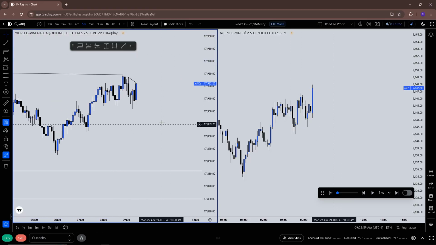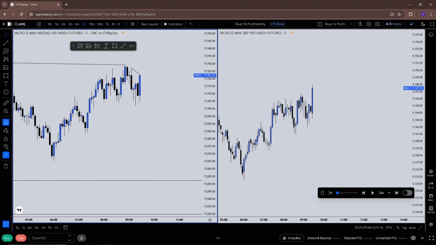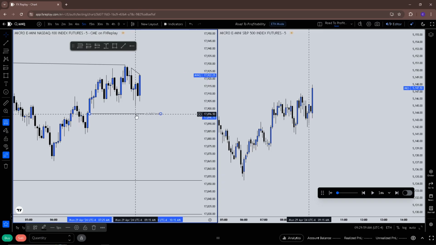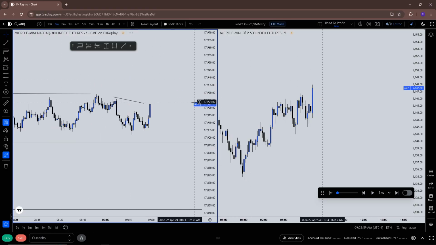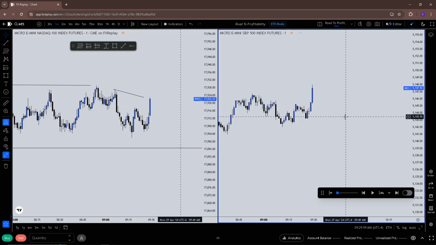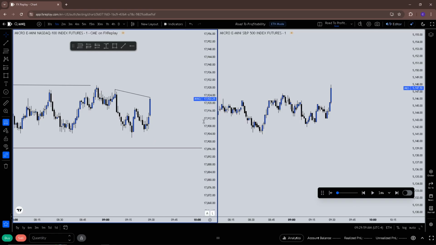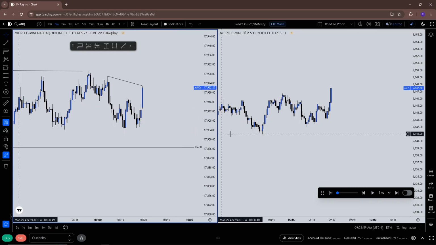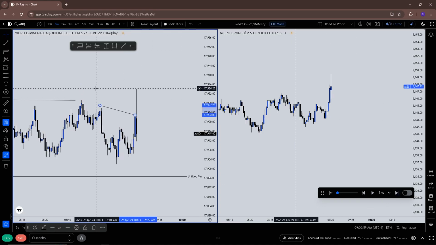Could invalidate these SMTs. We did inverse this 5-minute recently. Unfilled 5 minute below. Wicked up, take out these highs.